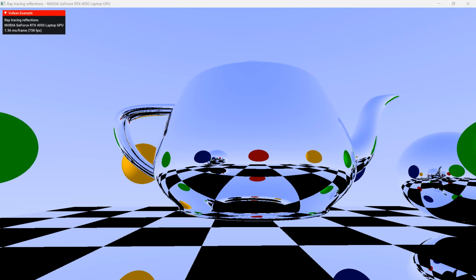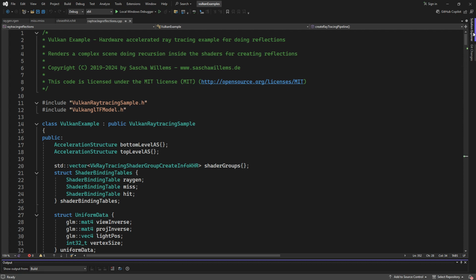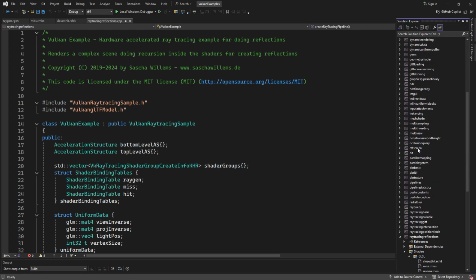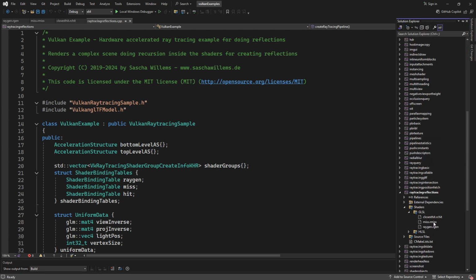We update the hit shader, and then of course, as you guys know, we always have to recompile the shader. The shader is a separate file in our example, so the closest hit shader, right?